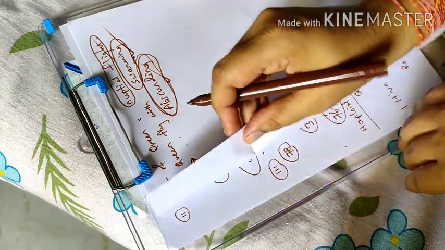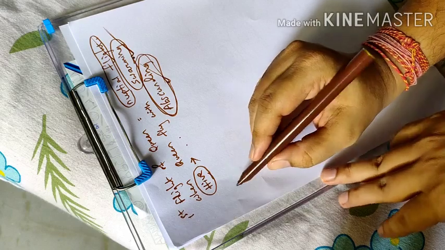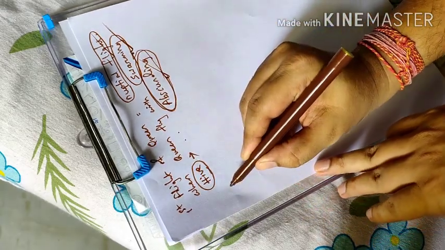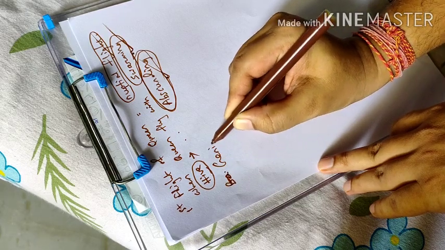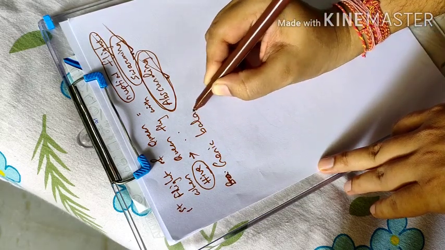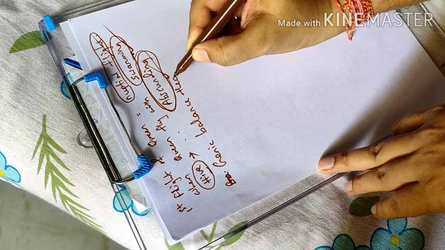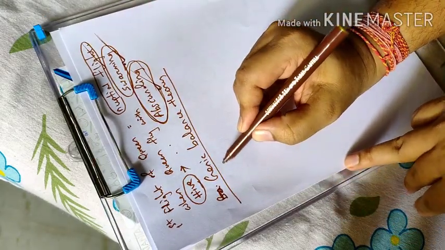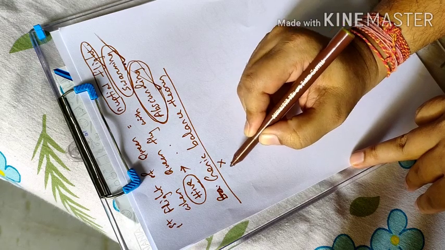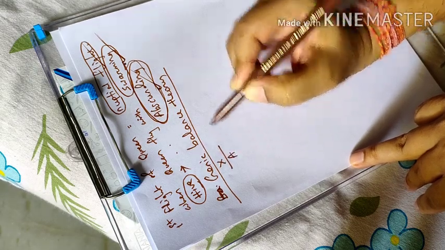The next one is Janek balance theory. This theory determines the ratio between X chromosome and autosomes.